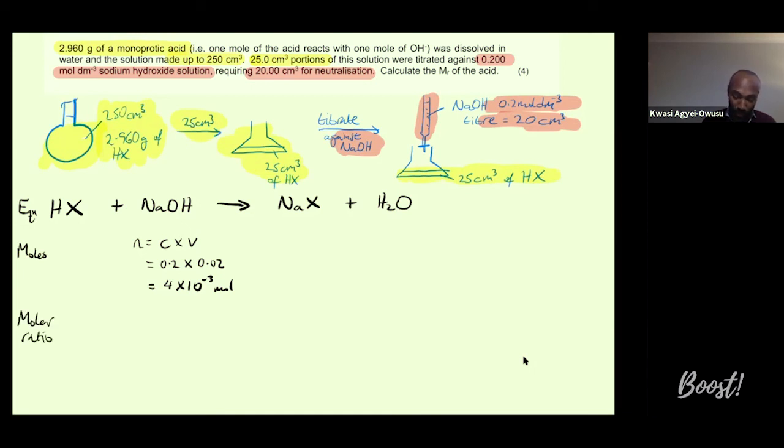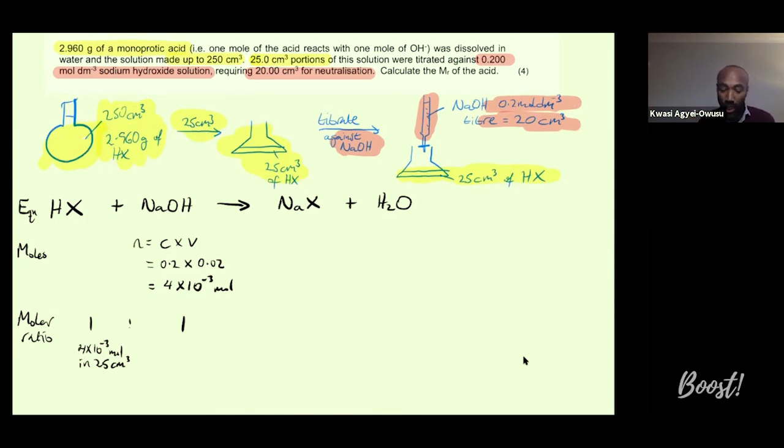And that, of course, is 1 to 1. And therefore, we've got 4 times 10 to the minus 3 moles of HX in 25 centimeters cubed. Okay, so 25 centimeters cubed of HX has got 4 times 10 to the minus 3 moles.